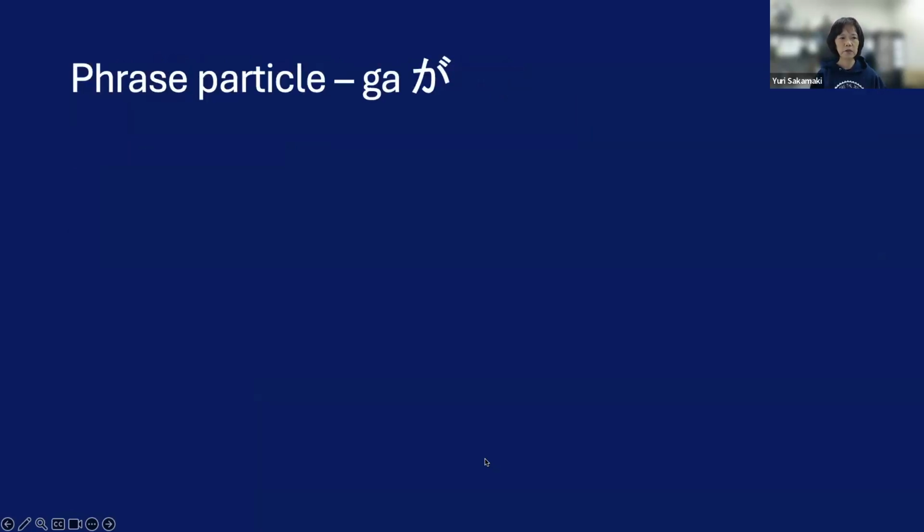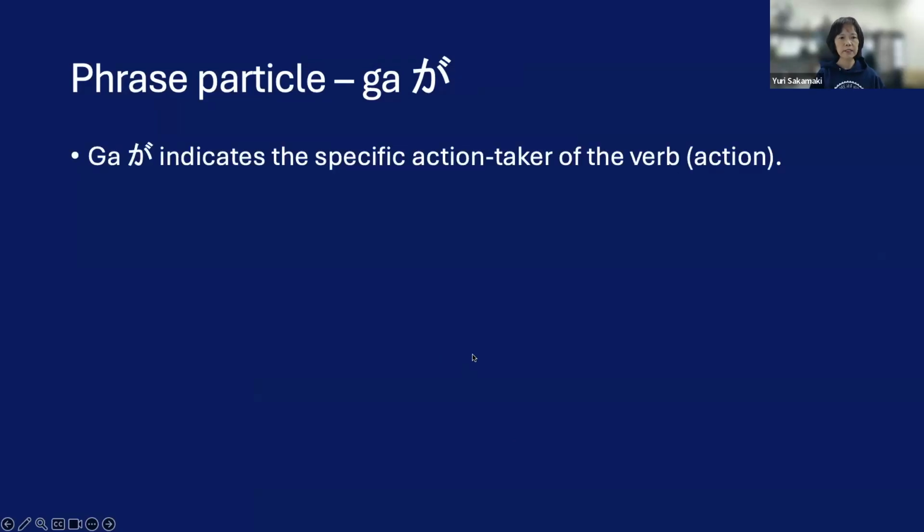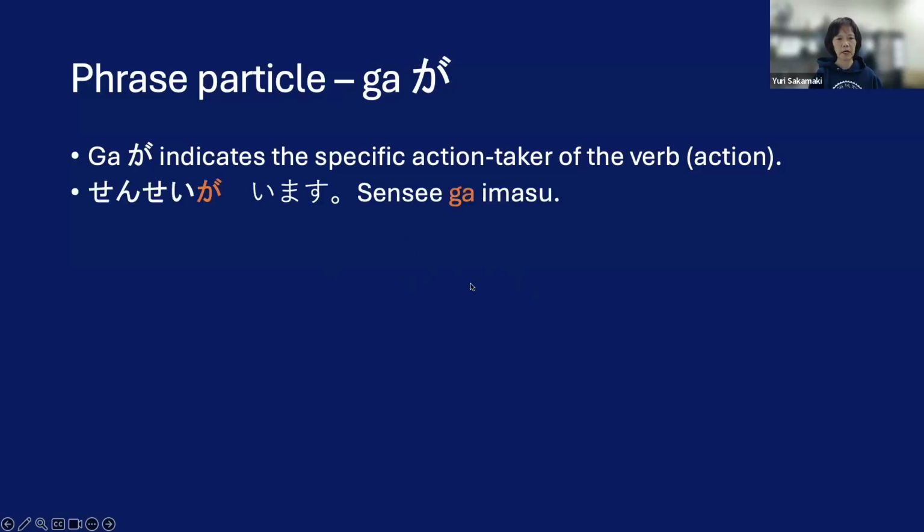And let's talk a little bit more about phrase particle が. So が indicates specific action taker of the verb. Okay, so whoever is doing the action, we're going to indicate with が. And just like any other phrase particle, you have to say what first and then follow it with が.